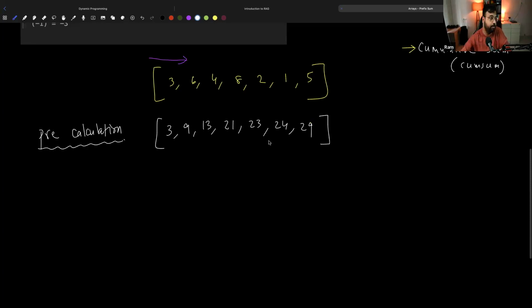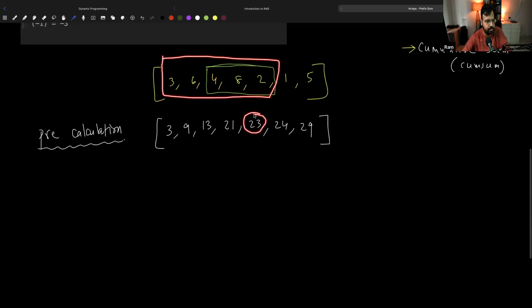Now suppose someone is asking me what is the sum from here to here. This pre-calculation I have done. Now someone is asking me what is the sum from here to here. If I look at this problem, if I look for the entire sum, this sum, what is it? 23.